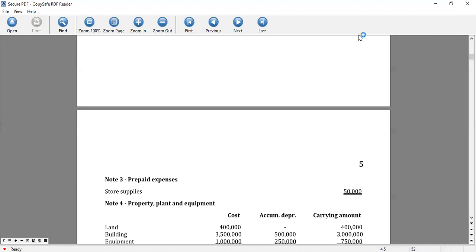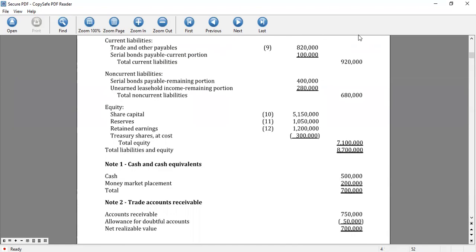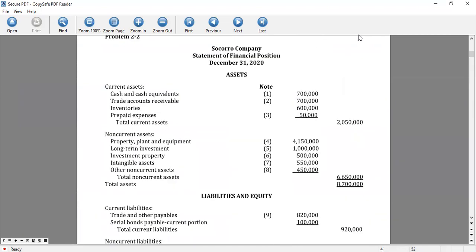Equipment is 1 million, so we have the building at carrying amount or book value of 3 million and equipment of 750,000. Now we have the land as given, 400,000. So the total carrying amount is 4,150,000.